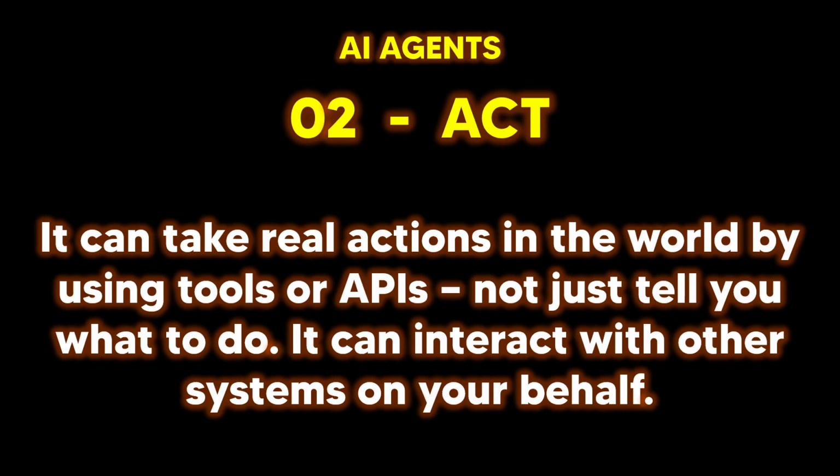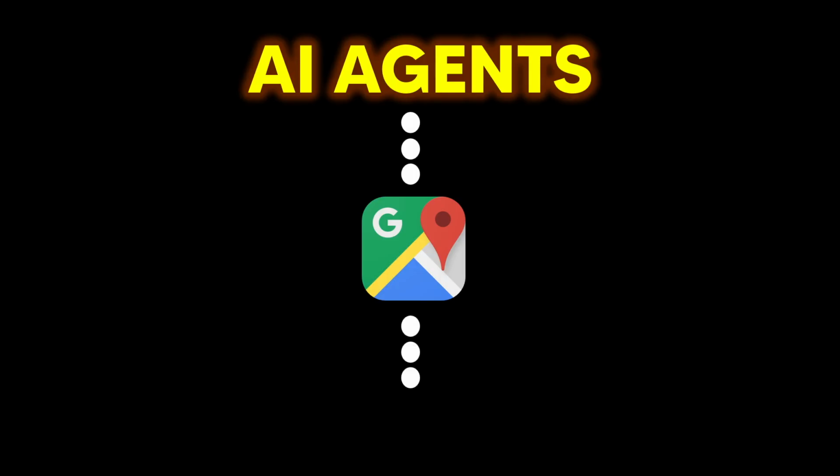It can interact with other systems on your behalf without you having to do anything. So in summary, the AI agent can actually go forth and back to give you a final result. Unlike workflows that just do the work once, right? But with an AI agent, it can go back and forth until it finds the perfect result.